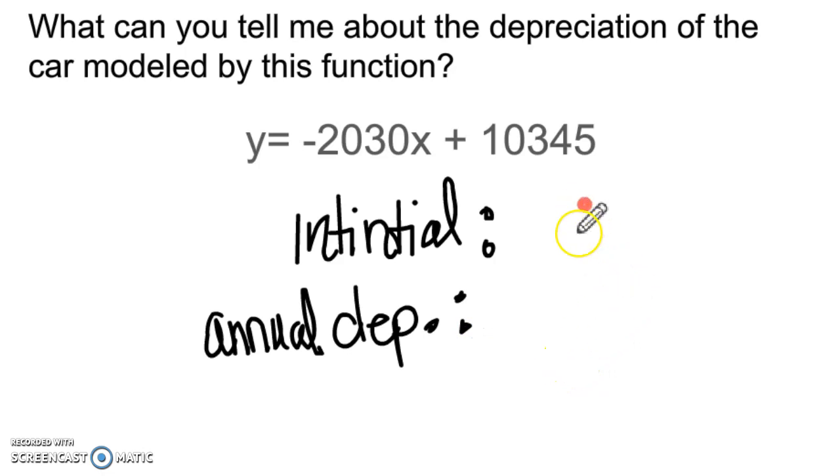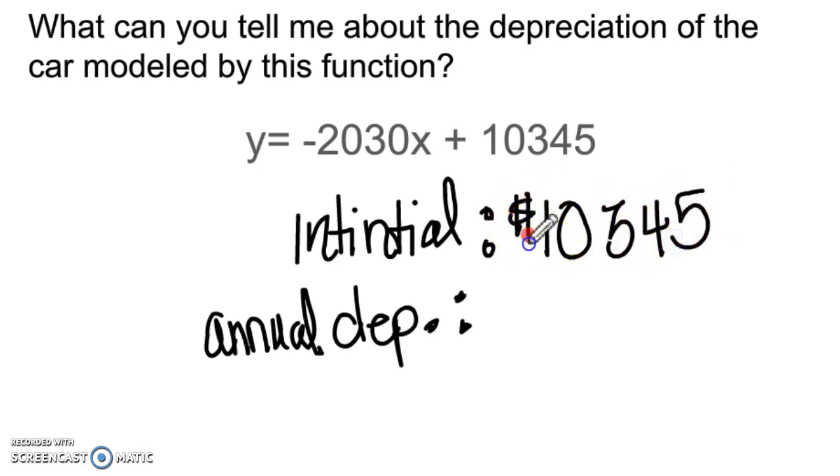All right. Hopefully you found that the initial value, 10,345, is the initial value of the car. And its depreciation each year is $2,030.